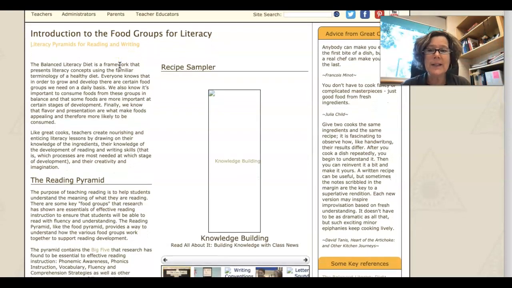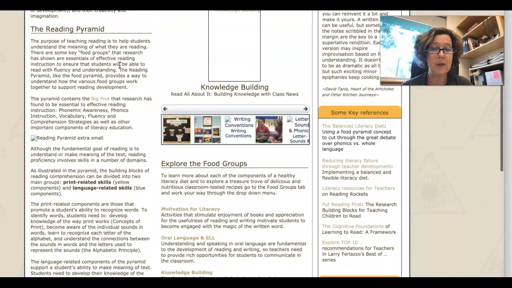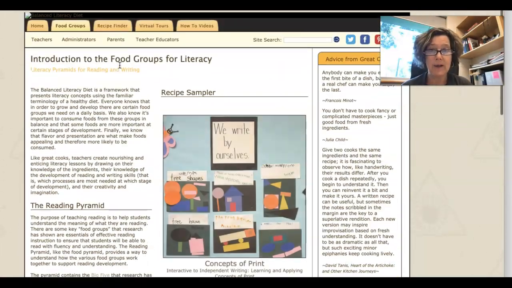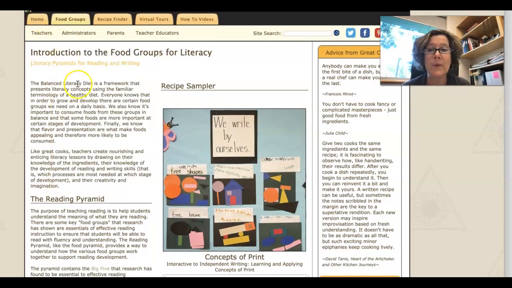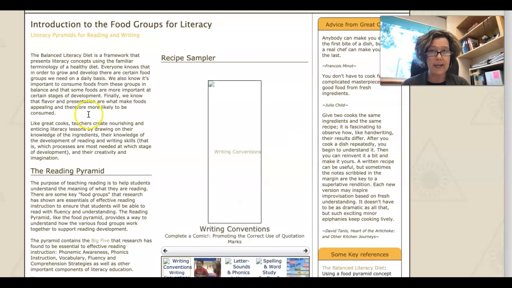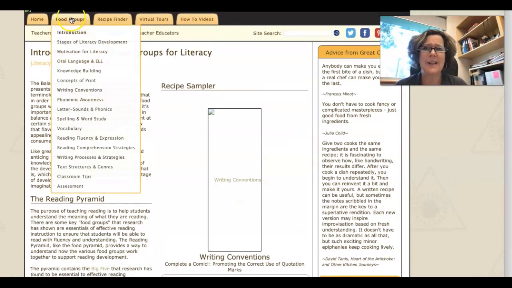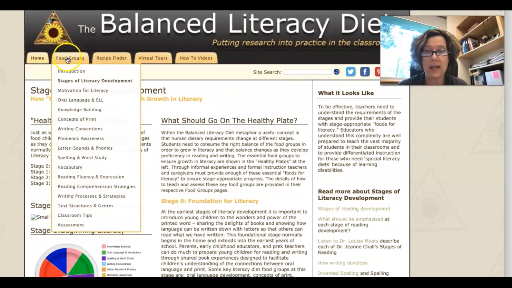So what I would do is just familiarize yourself with what is on this site. Don't read all of this. Read this so you understand the premise of the site, and then just mess around, look at the different food groups, stages of literacy development, and it has all of this information for you on here.